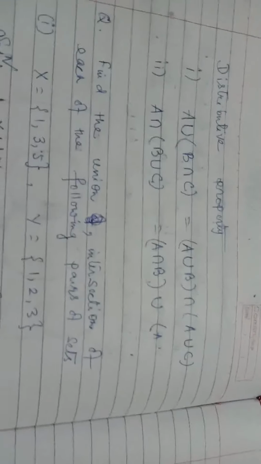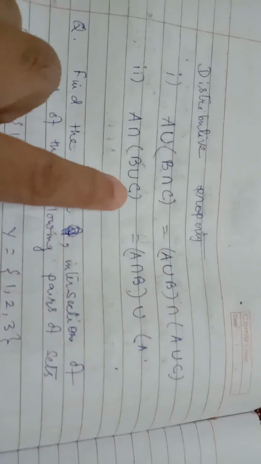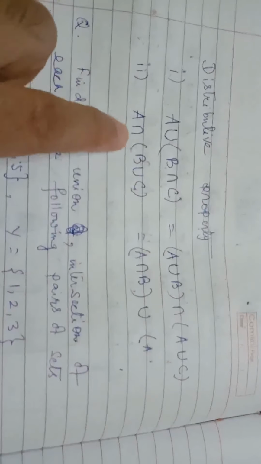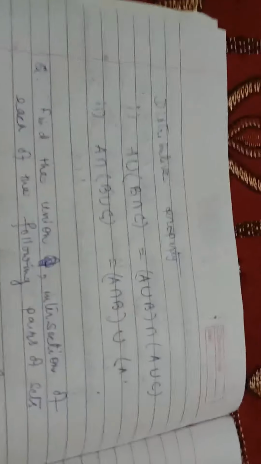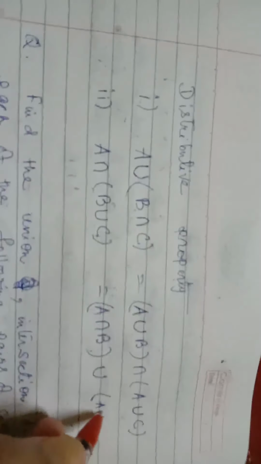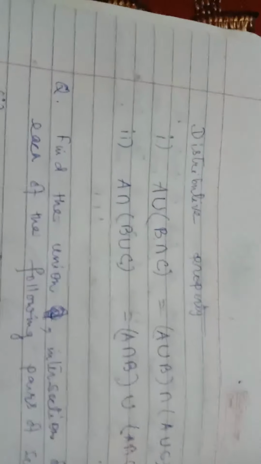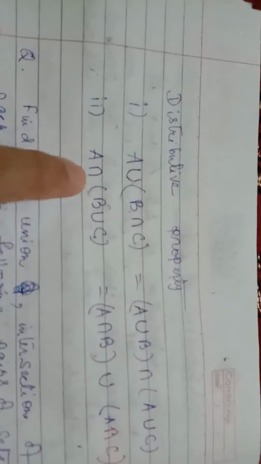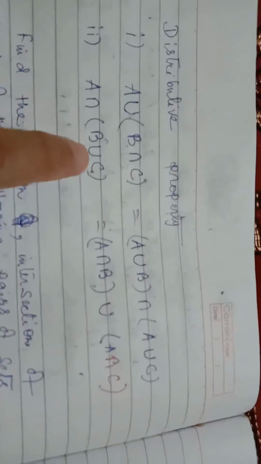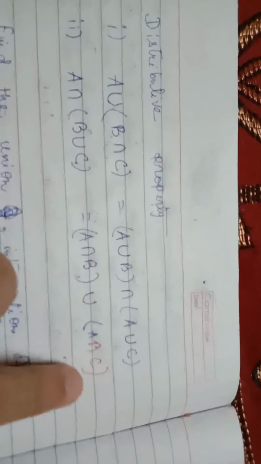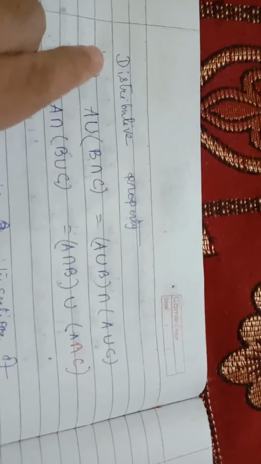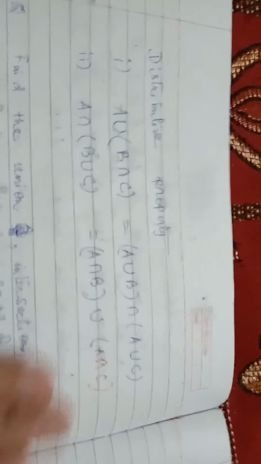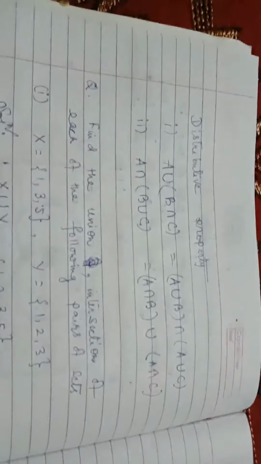And similarly, A intersection (B union C) equals A intersection B union A intersection C. This is the distributive property of intersection over union. Very important, useful properties. Next, I have taken two examples from the NCERT book.